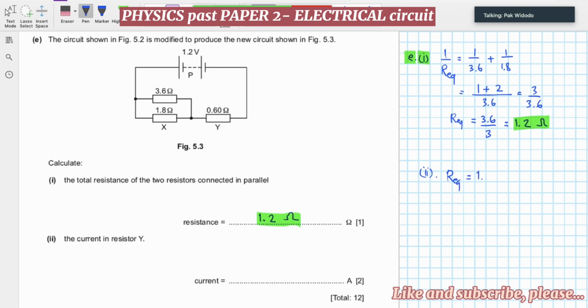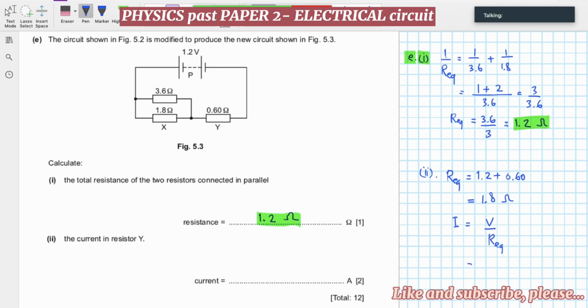This is 1.2 plus 0.60, because the parallel part and the 0.60 are in series, so we add them. It becomes 1.8 ohm. Then we need to find the current. I is V divided by R equivalent.